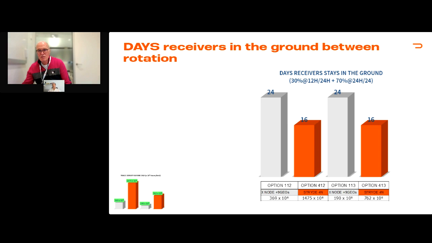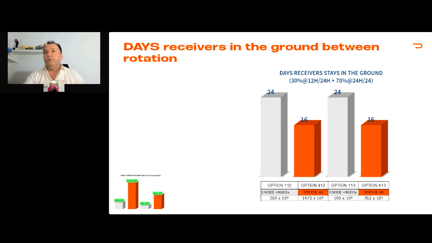So while Claudio reconnects his mic, allow me to tell you that if we were to run this crew 30% 12 hour and 70% 24, the node will stay for a generic node about 24 days in the field between pickup and layout, and for a Stride node about 16 days, because remember you have a string of 9 geophones laid out in a square box on the surface with a node on the surface, generic node.